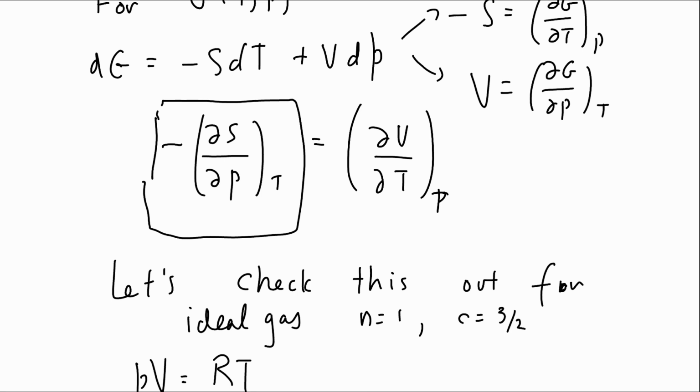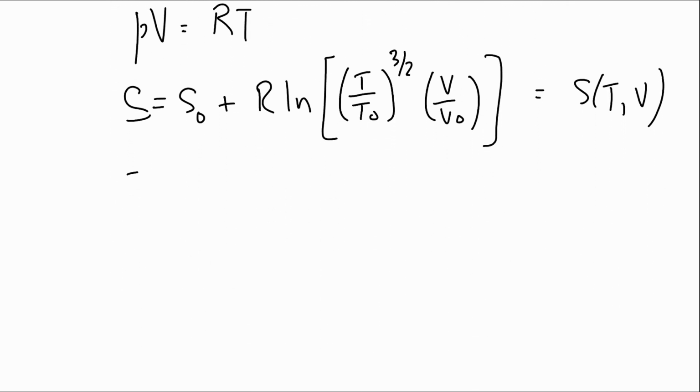V depends on T and P. I suppose you could use the chain rule, but let's find S as a function of T and P first. Then I can hold one constant and take the derivative with respect to the other.